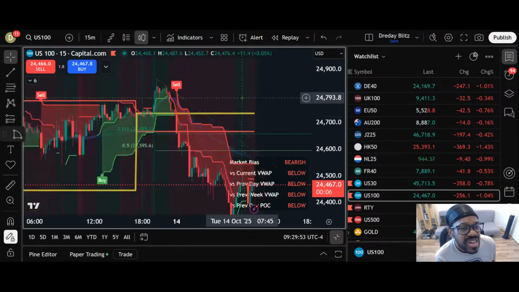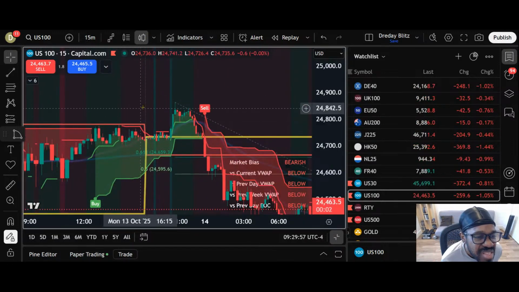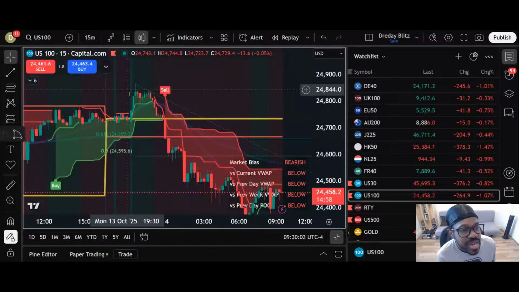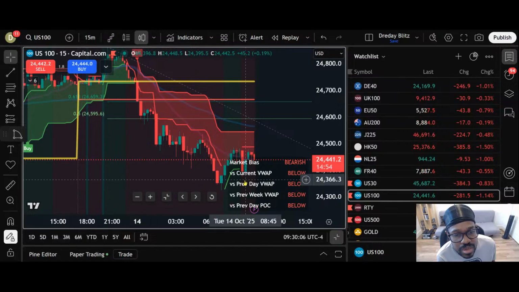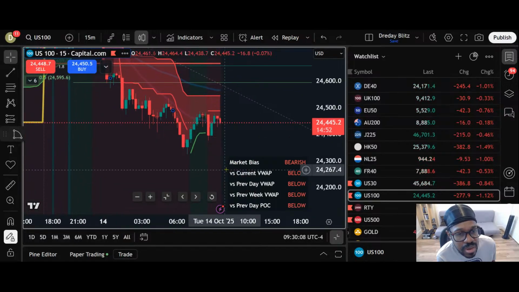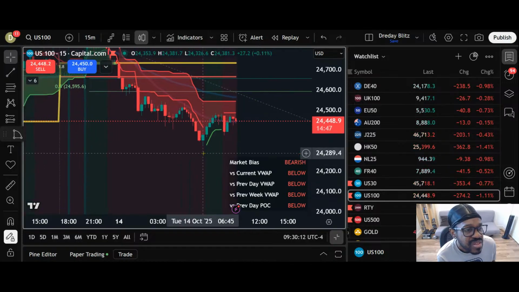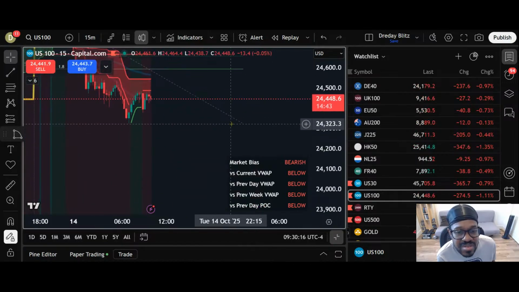Sorry, I'm just going to adjust my thing. Yeah, that was perfect. So this is the swing high to the swing low. It did give you a swing. I'm just going to adjust it here.